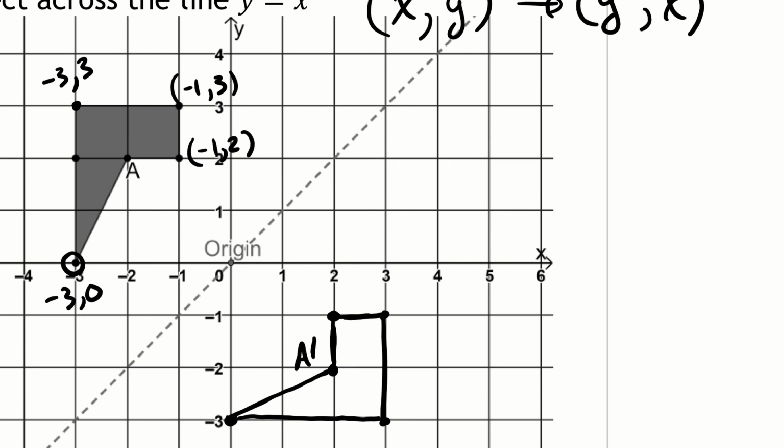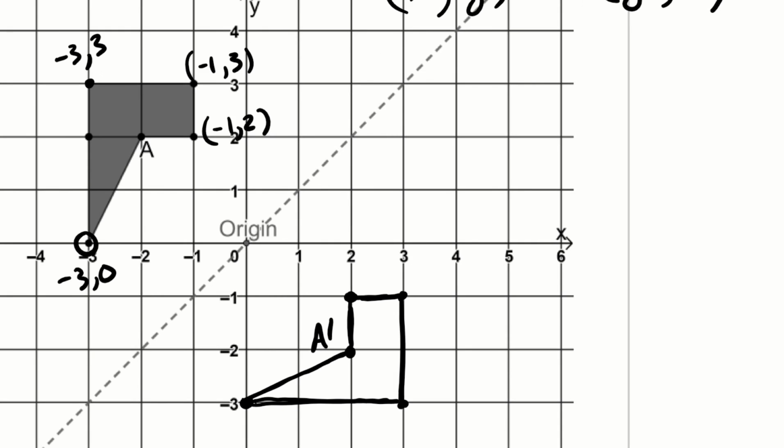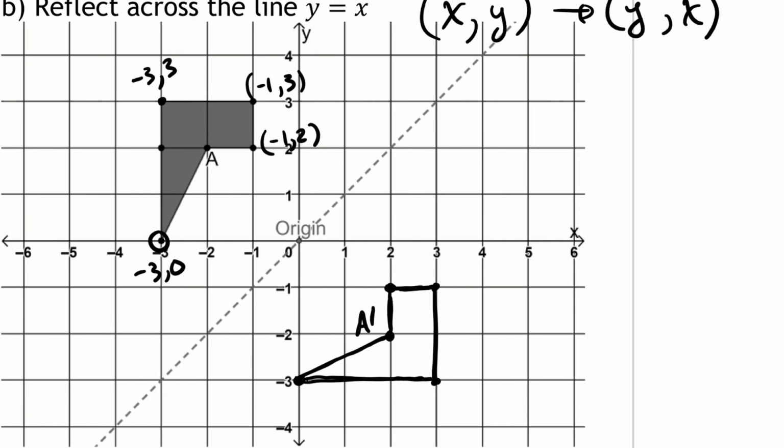So this is the reflection across the line y equals x. The other way I can get it visually is, if I look at this, this is 1.5 diagonal to the line, a half, and then another 1 diagonal to the line.